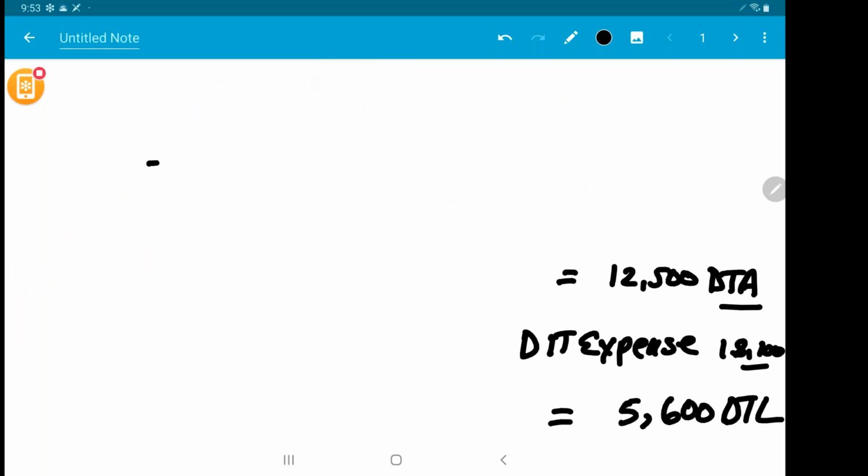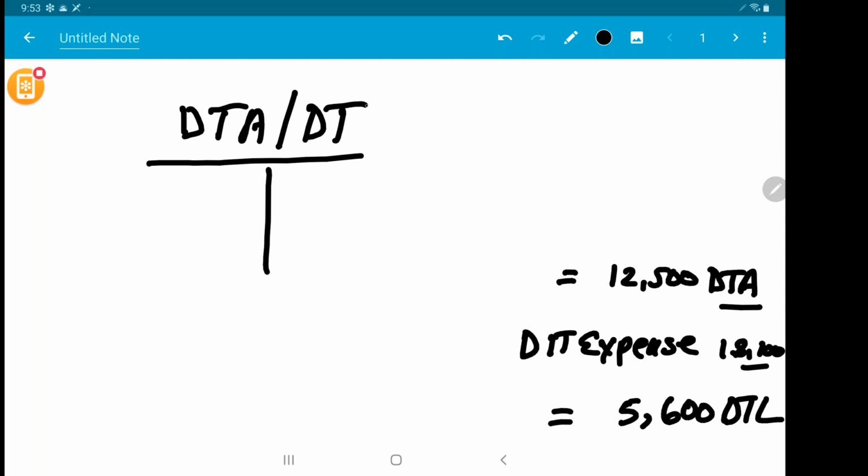So let's try a T account here. And I'm a big fan of using T accounts, because your DTA, DTL on your balance sheet can toggle back and forth between an asset and a liability.